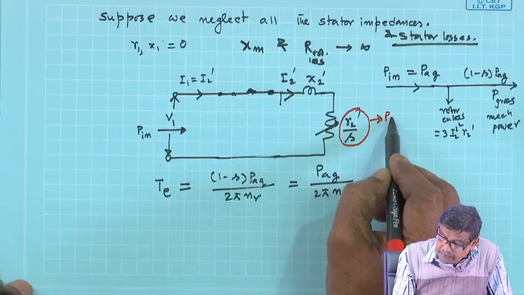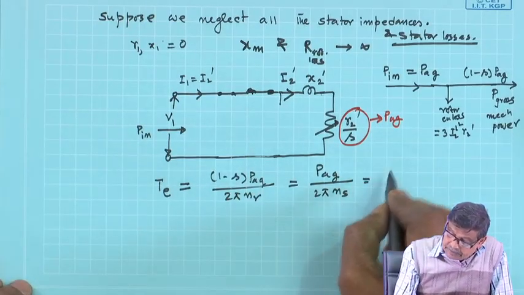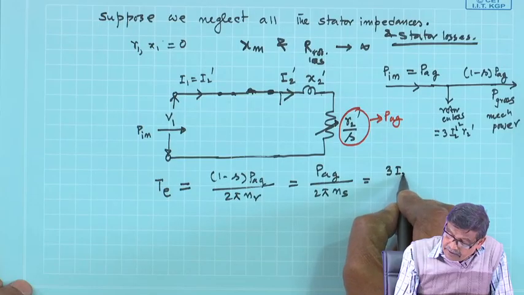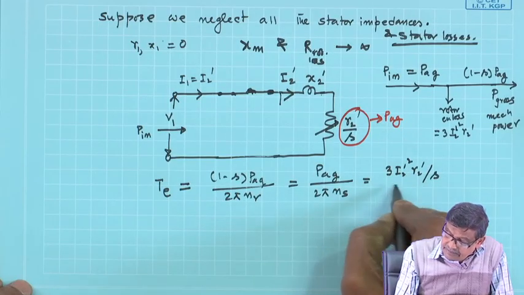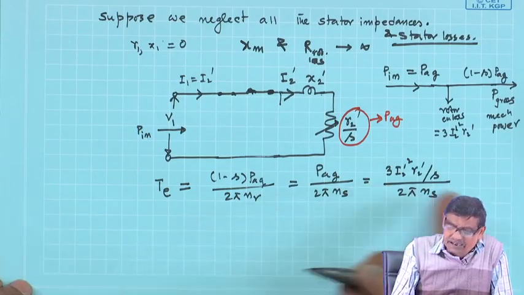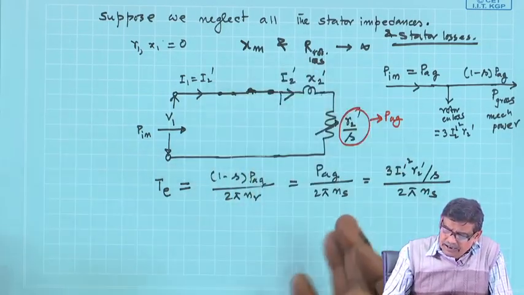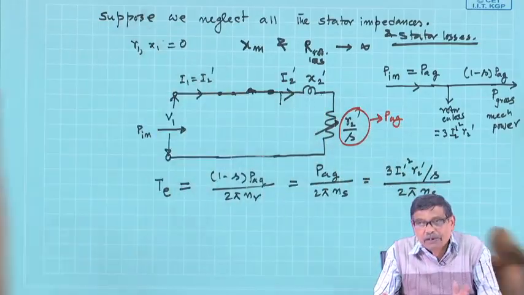This is PAG. So, this will be 3 I2 dash squared R2 dashed by S by 2 pi ns. I could write straight away for any machine's equivalent circuit, torque developed is the air gap power here divided by 2 pi ns.